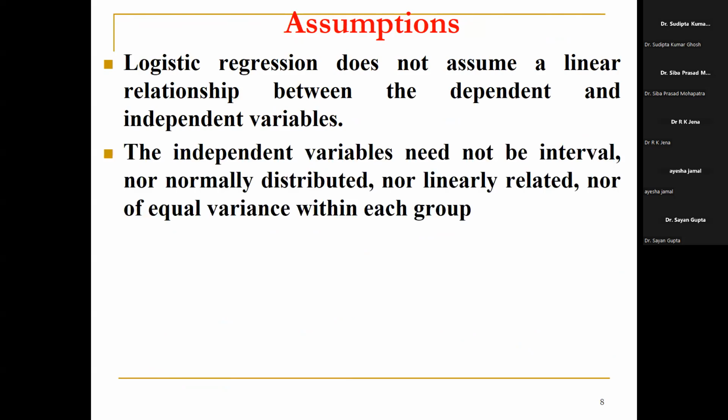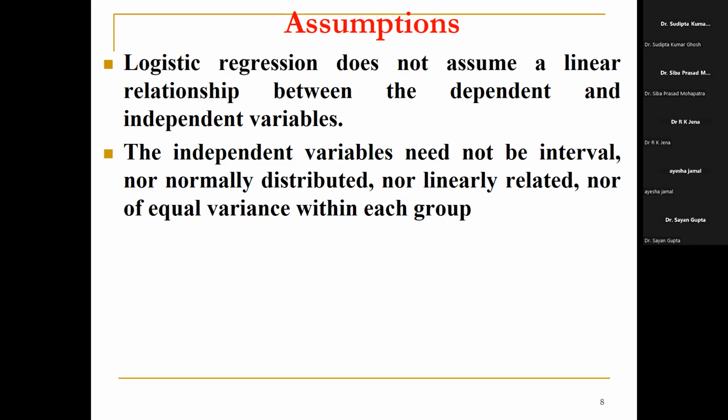Second, the independent variable need not be interval, nor normally distributed, nor linearly related, nor have equal variance within each group. That first of all says that an independent variable may be a ratio or numeric variable, or a category variable. There is no restriction on that.